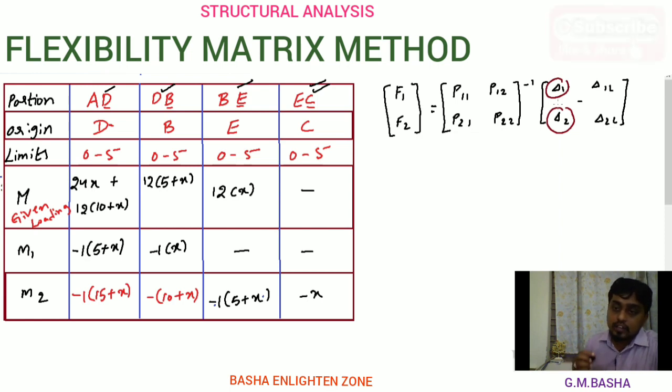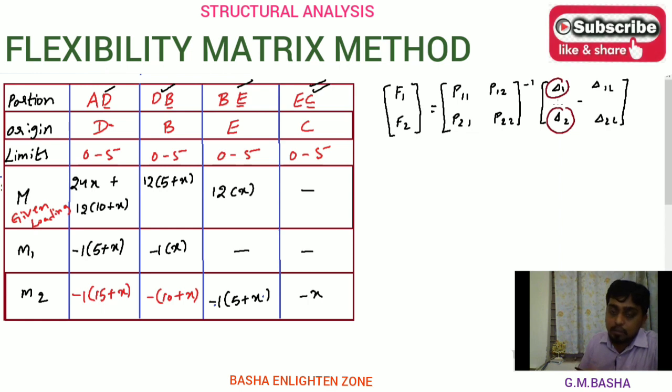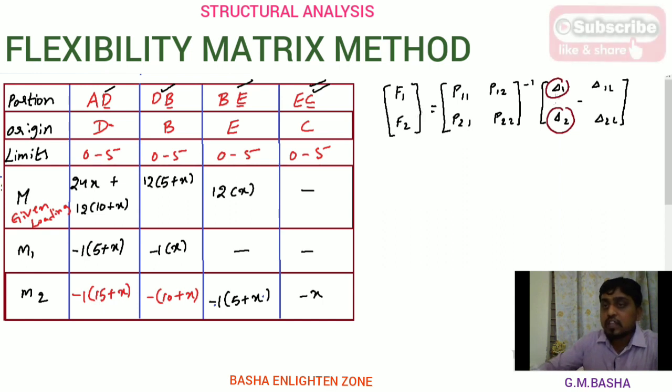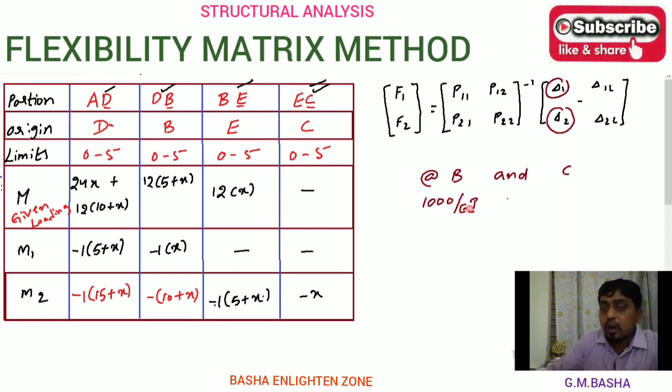Whenever any settlement of the supports is given in the question, for example at B it sinks by some 1000 by EI, or at C it sinks by some 2000 by EI, directly they will give like that, and you take down this as delta 1 and delta 2.